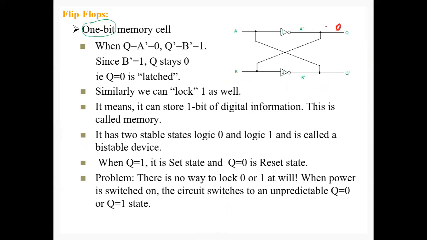Then this is 0. So when this is 0, what is this guy? 0. What is this guy? 1. Then what is this guy? 1. Then you get 0 here. So no matter what you do, you cannot remove this 0 here. You get this 0 all the time. So we say Q equals 0 is latched.